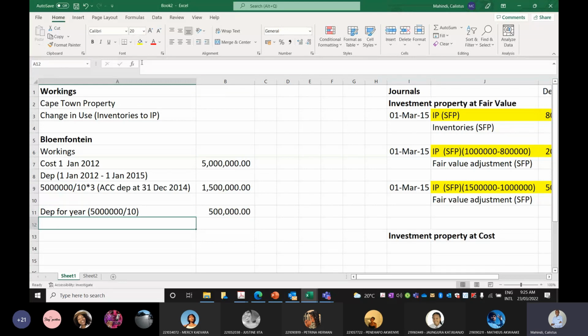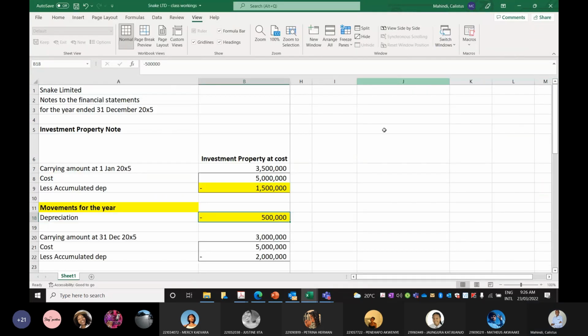That's your depreciation for the year. So we put our depreciation for the year, 500,000, and we arrive at a carrying amount at the end of the year of 3 million. So that's your 3.5 million at the beginning of the year minus your depreciation for the year, 500,000. Your carrying amount at the end of the year should be 3 million.